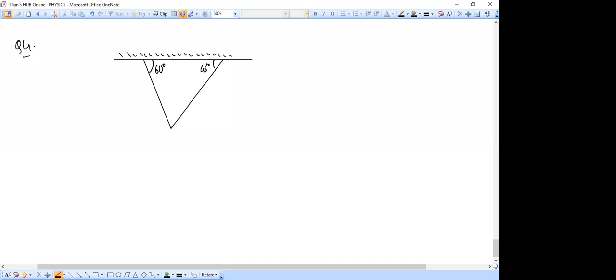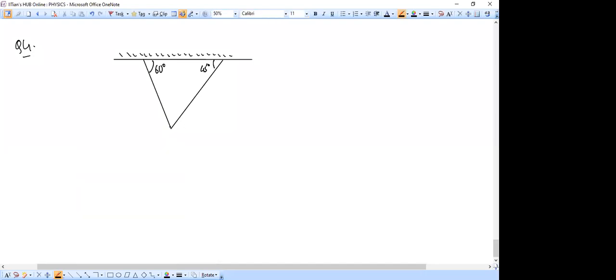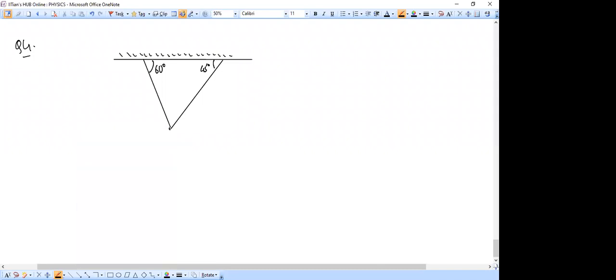So you obviously tied a knot at this position. And from that position, you suspended another string with a block attached.